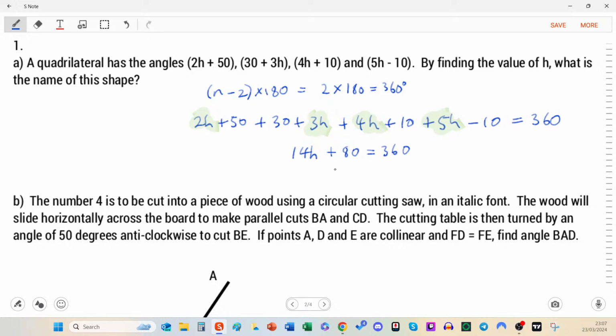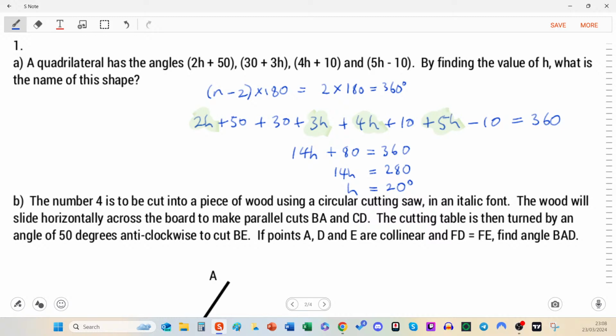We're going to subtract 80 from both sides. So we get 14h equals 280. And then we know that 14 goes into 28 twice, so h is 20, just as I said earlier.